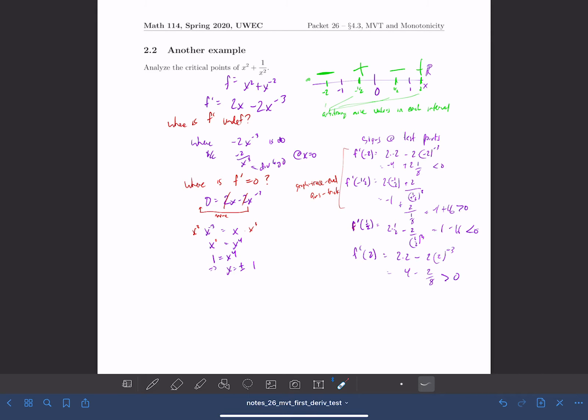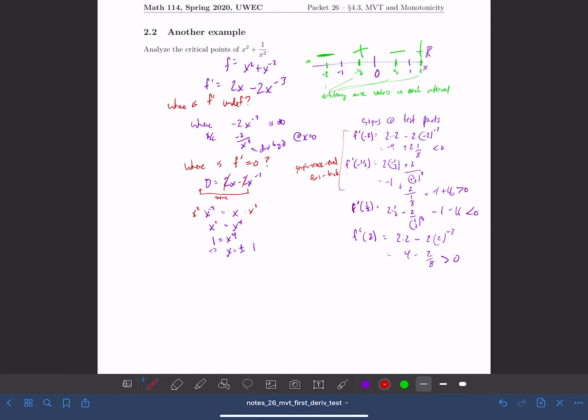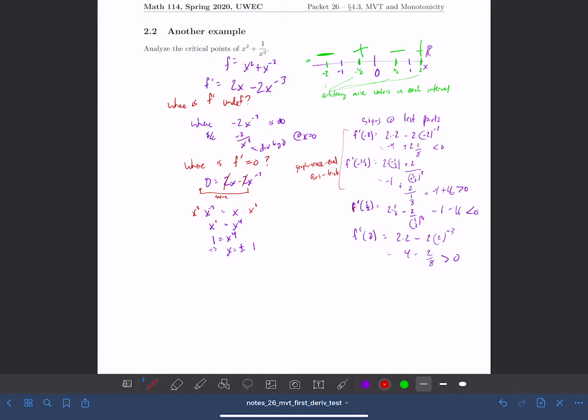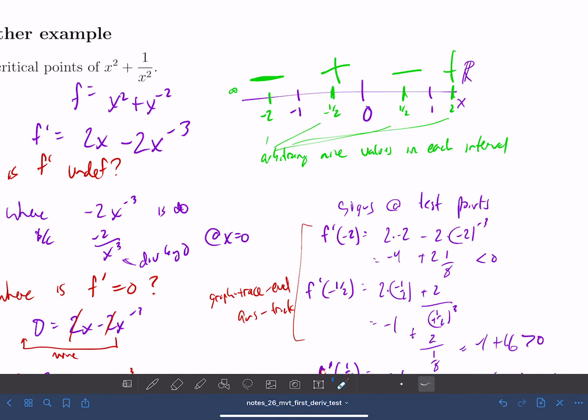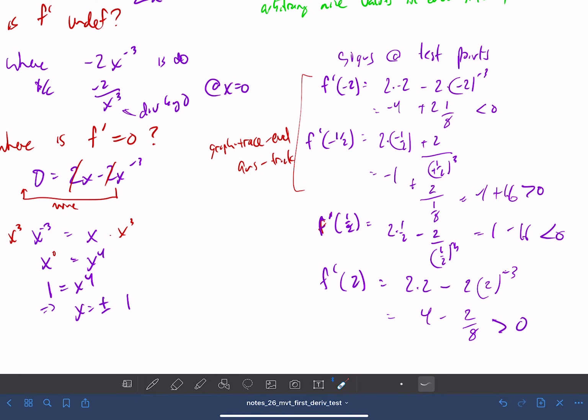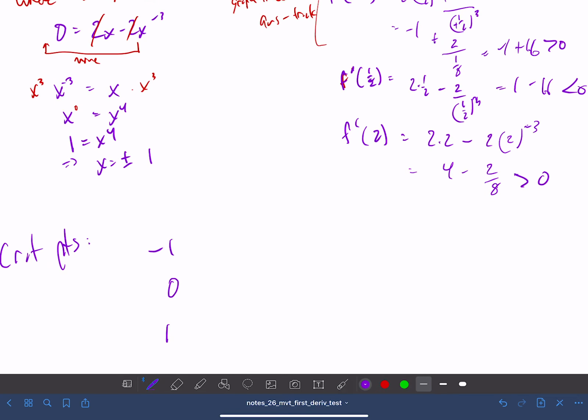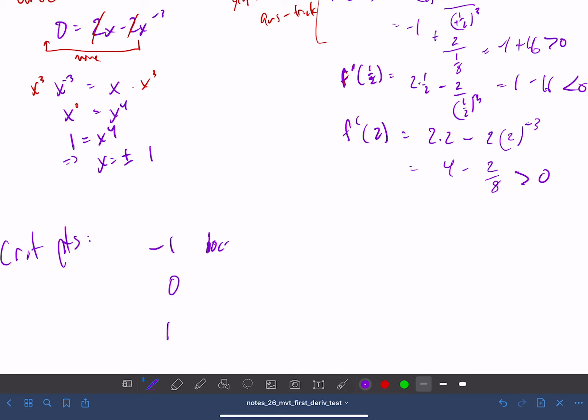And now the number line makes the next part basically trivial, where I need to classify, right? And so I've got some critical points. I have -1, 0, and 1. And we'll classify them just by looking at the behavior. First derivative is negative, so it's decreasing, and then it's increasing. We've got a min at -1. We've got a local min.